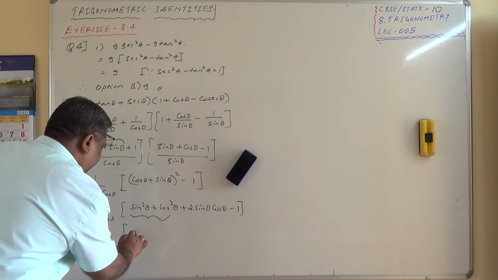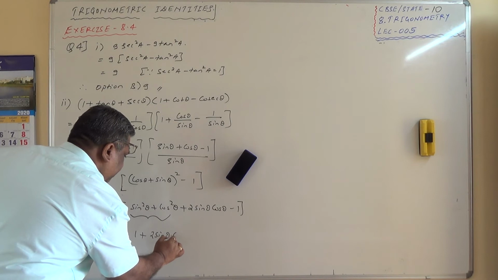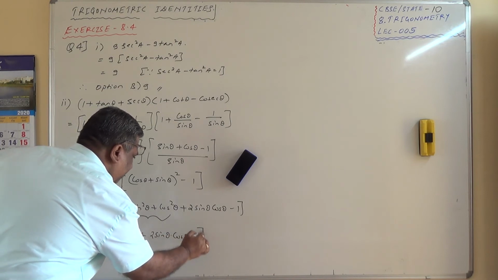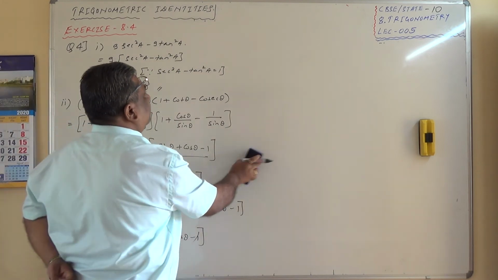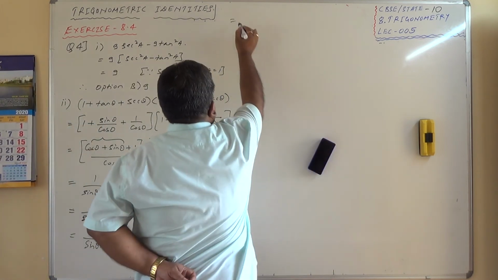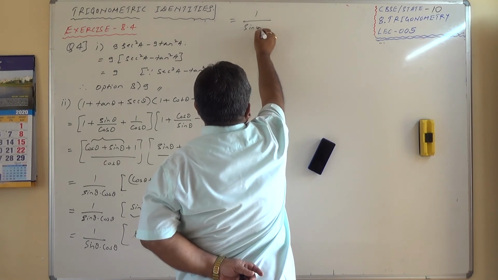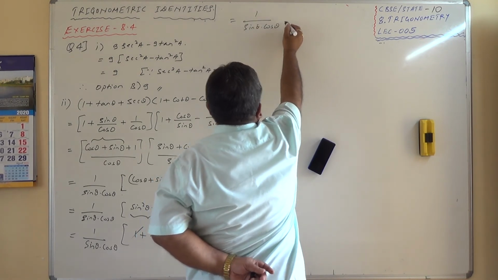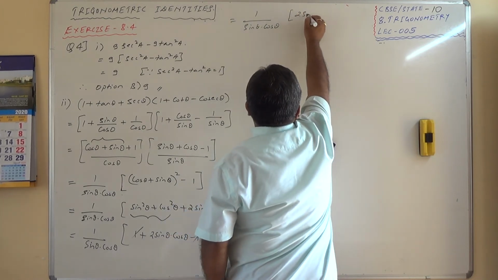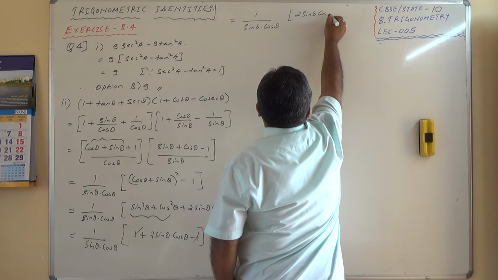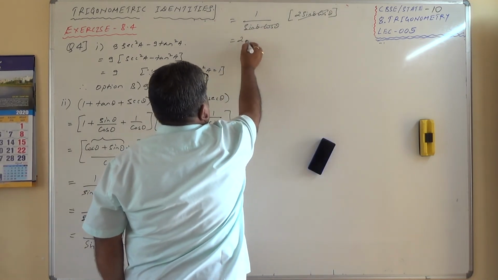This is 1 here. 1 plus 2 sin theta into cos theta minus 1 plus 1 minus 1 cancels. So equals two sin theta cos theta. This will cancel, which equals 2.